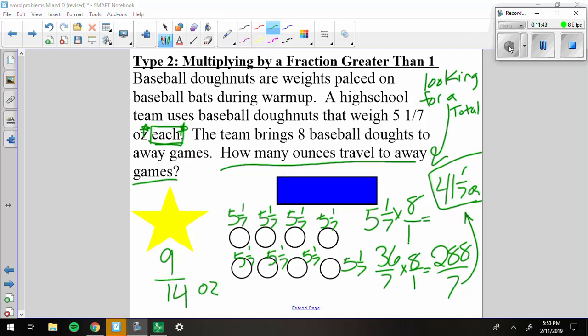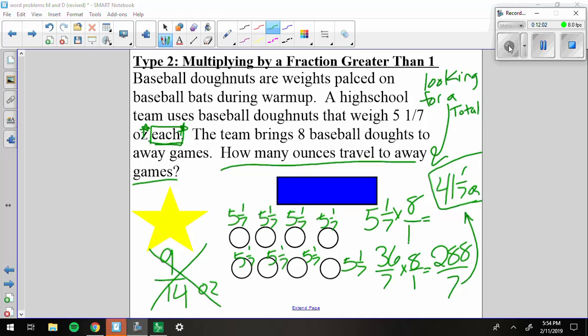How many ounces travel to away games? 14/9 of an ounce? No, that makes no sense. One baseball donut weighs 5 1/7 ounces. You can't tell me that if you bring 8 of those donuts, they're going to weigh less than 1 ounce?